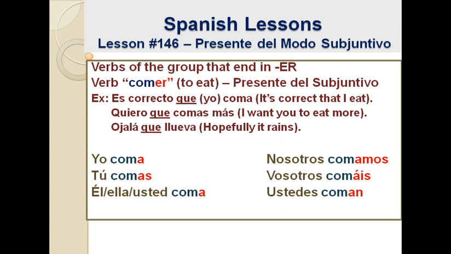Now let's conjugate the verb comer for all the persons or subject pronouns. Yo coma, I eat. Tú comas, you eat. Él coma, he eats, or that he eats. Or ella coma, or usted coma. Nosotros comamos.